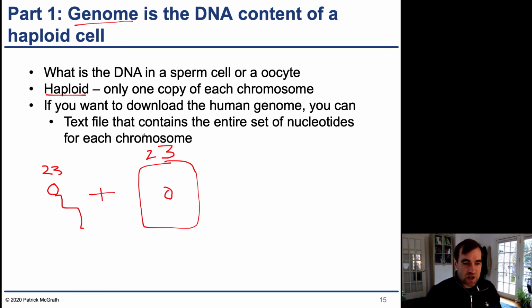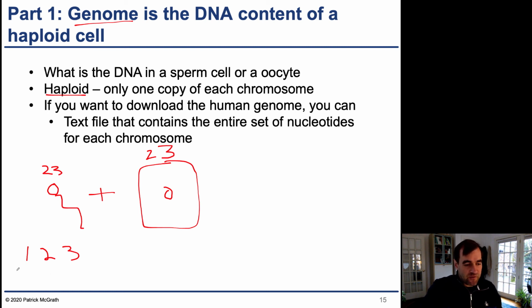So a sperm cell or an oocyte only has 1 copy of chromosome 1, 1 copy of chromosome 2, etc. So these are haploid cells. They have 1 copy of each chromosome. So the genome, when we refer to the human genome, what we're referring to is the size of the DNA within a sperm cell or an oocyte cell.